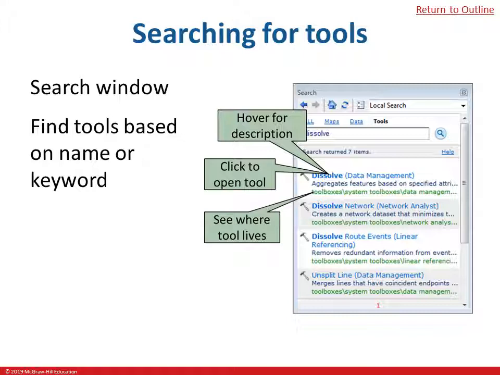How do you find tools? Mary Beth teaches you guys to do things like use the search function and put in words like dissolve, and you'll get all these dissolve tools. I hate that.